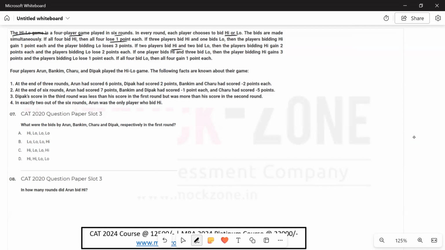So we have basically five combinations. The first one is high, high, high, and high, where all bid high. Then everyone is losing 1 point. The second combination is one bidding high and the three others bidding low. Over here, one gains +3, and the three who are bidding low lose one each.